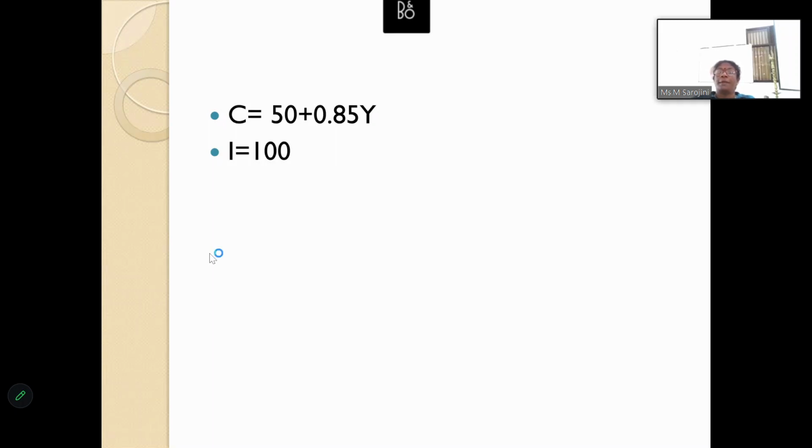For this information, you are requested to derive the national income using both approaches, saving, consumption, and investment multiplier. Another question is, investment decreases by 50. Again, you are requested to calculate the national income using two approaches, also saving, consumption, and multiplier.